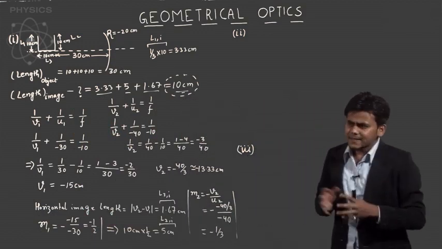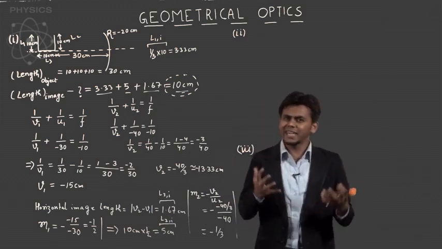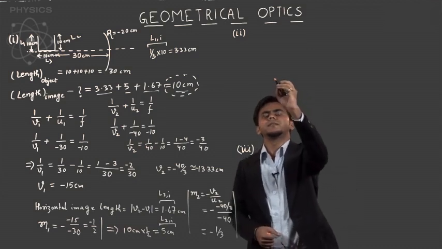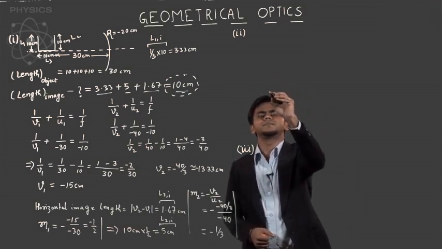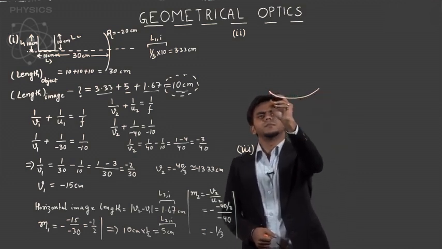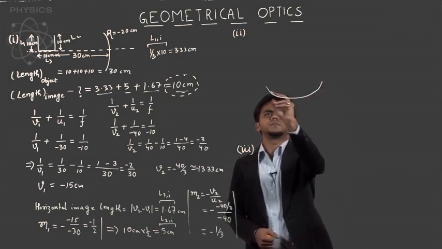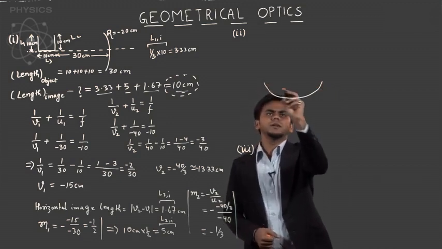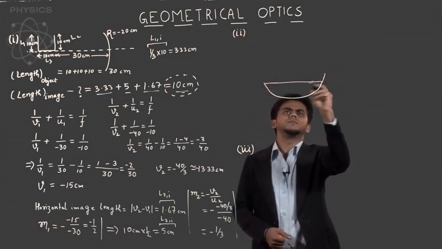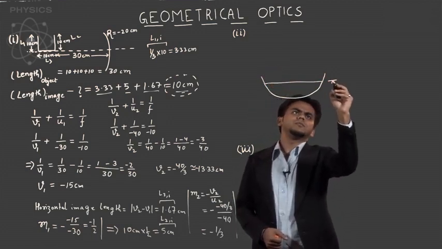In the next illustration, what we have is again a concave mirror, but we have kept it like this. It is filled with water up till height h.